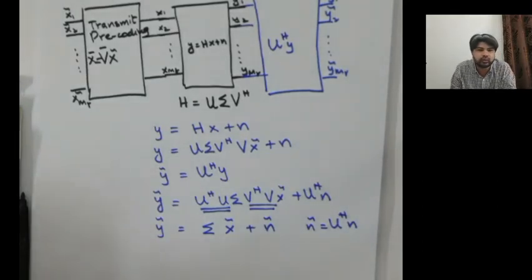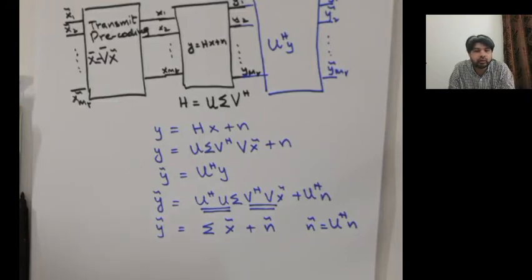Remember, U is a unitary matrix, and hence all of its columns have a unit norm, and they are orthonormal to each other. Because of this reason, the variance of the noise would not be different after this transformation.